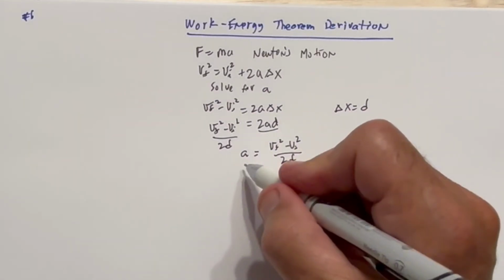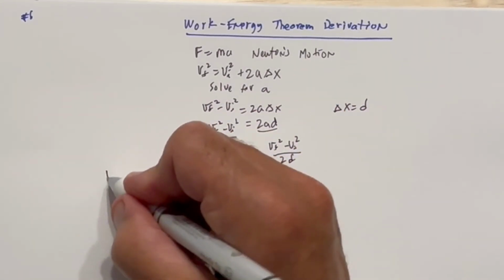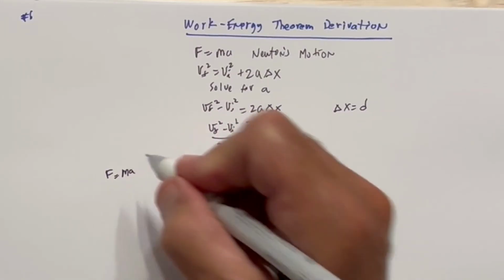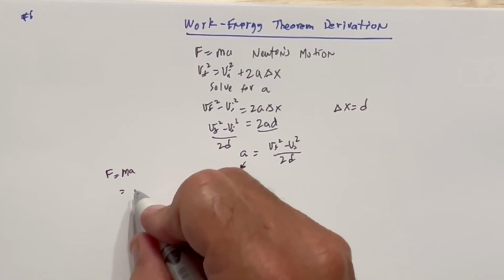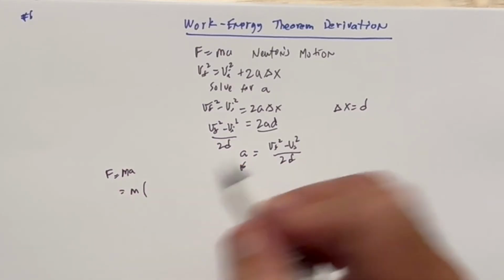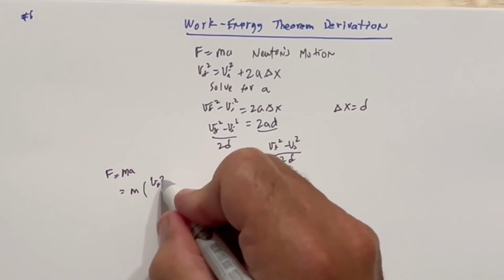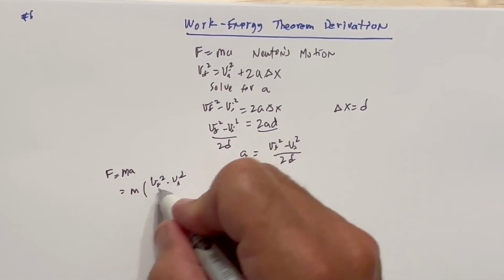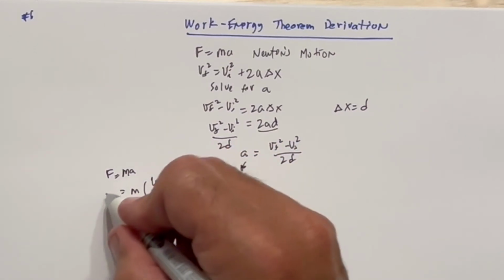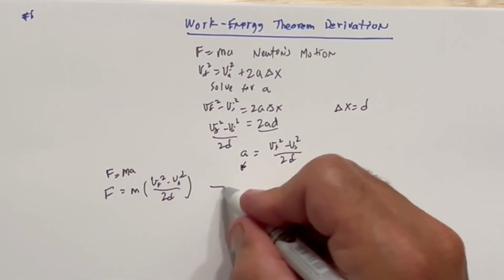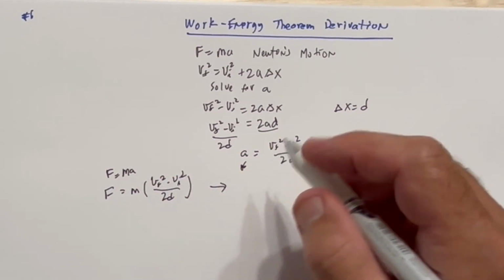Now let's put this in our equation F is equal to ma. So we've got m, and then a is equal to Vf squared minus V initial squared divided by 2d, is equal to F. So now let's multiply both sides by d.